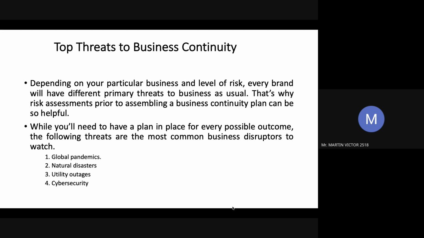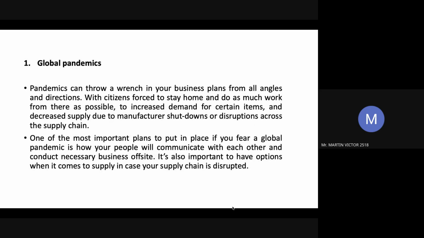So one of the main threats for business continuity is global pandemics. Then, of course, natural disasters like a heavy flood. Then utility outages, cybersecurity. So these are the top threats to business continuity.